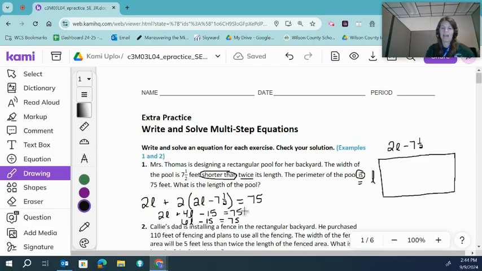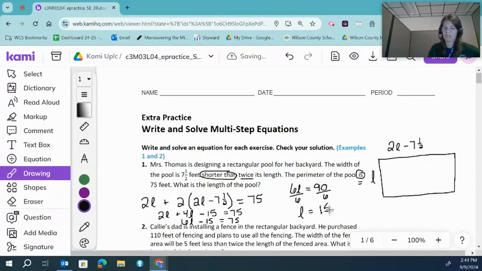Then I'm going to add 15 on both sides. So I'm left with 6L equals 90 because 75 plus 15 is 90. Divide by 6 and I am left with L equals 15. So the length is 15 feet.